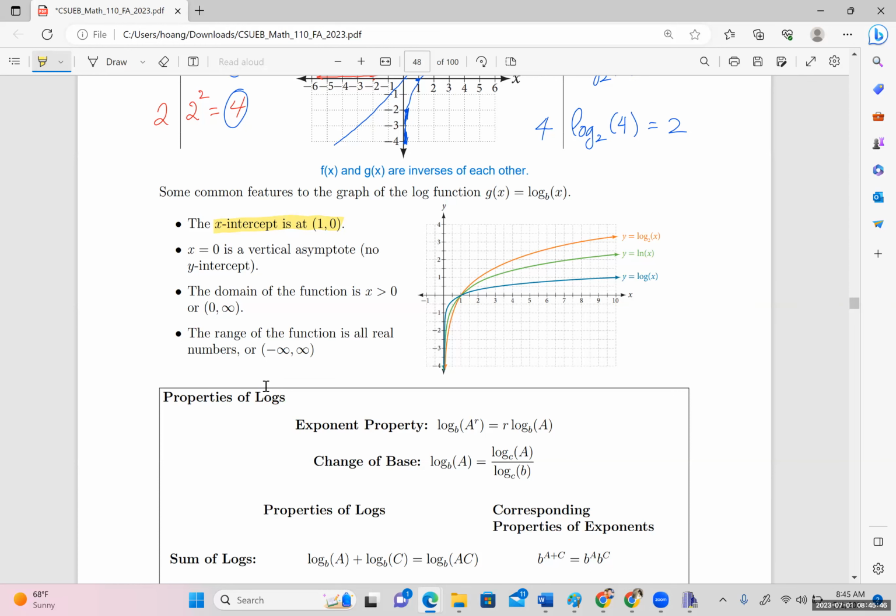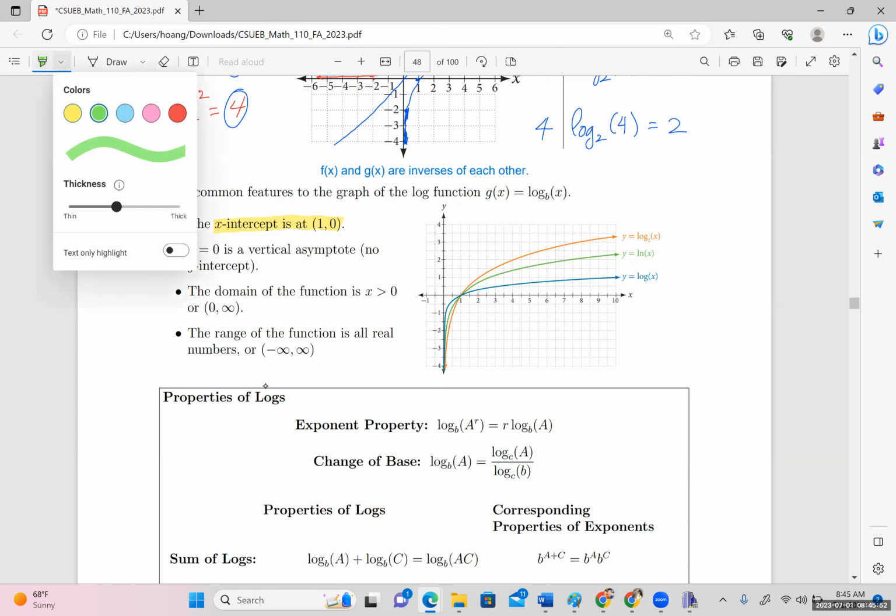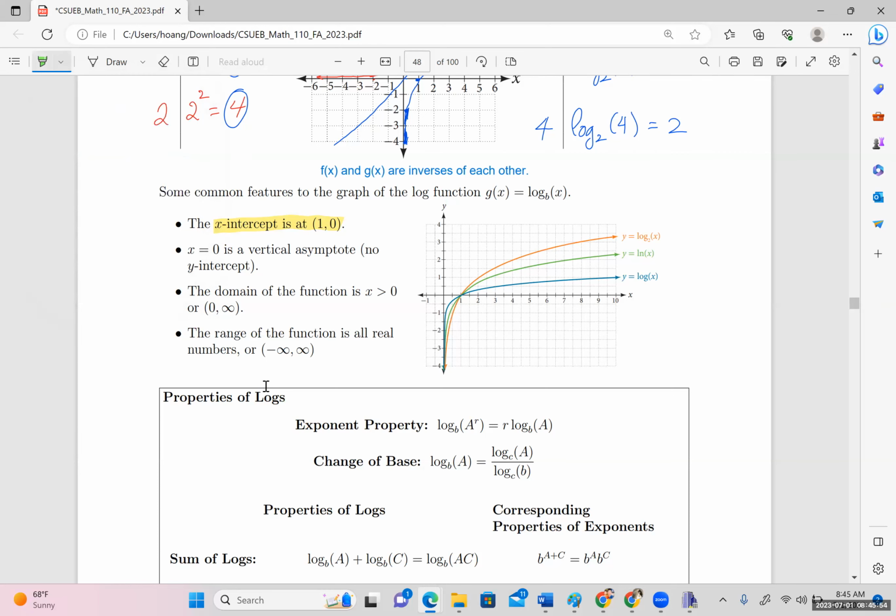And x equals 0 is going to be the vertical asymptote, because we don't have a y-intercept, and the graph just tries to go along with it.